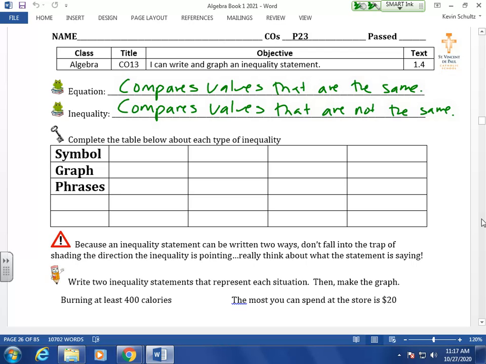And that's why we have 4 symbols for inequalities versus just 1 symbol for an equation. Daniel, you have a question? Oh, okay. So the 4 symbols for inequalities, we've got one that looks like this, one that looks like that, one that's kind of a hybrid of the less than sign and equal sign, and then one that does this again.